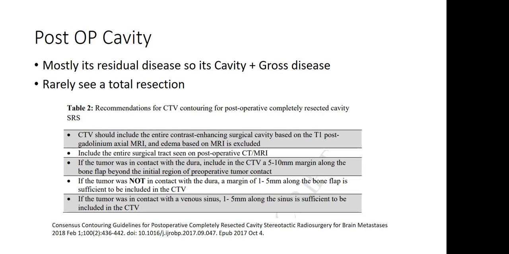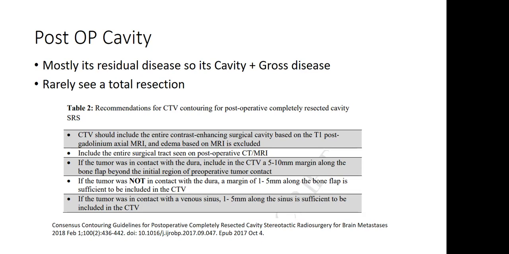So what's the difference while we do contouring for the cavity, what doses we prefer, and what areas are taken into consideration for special focus? The meninges are basically the special focus here.